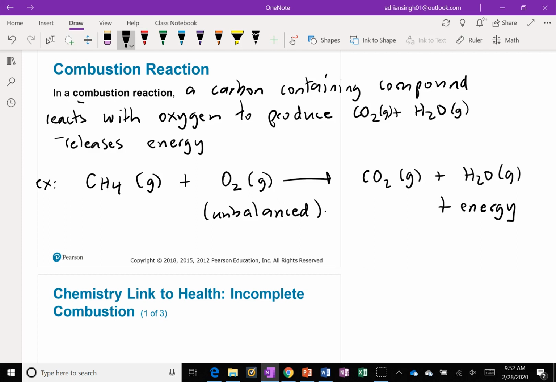So in a combustion reaction, we end up producing CO2, H2O, and then a bunch of energy that we take advantage of. So this would be an example of when there's a lot of oxygen available, so we call that a complete combustion.